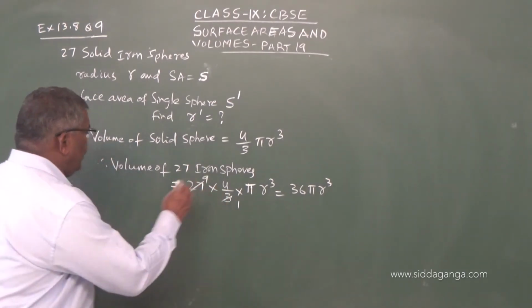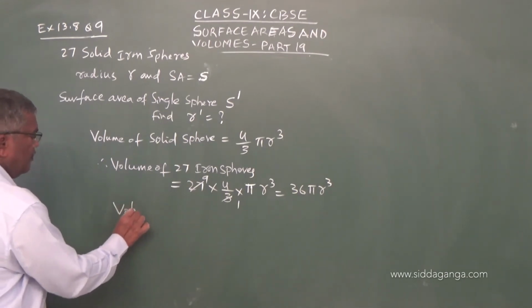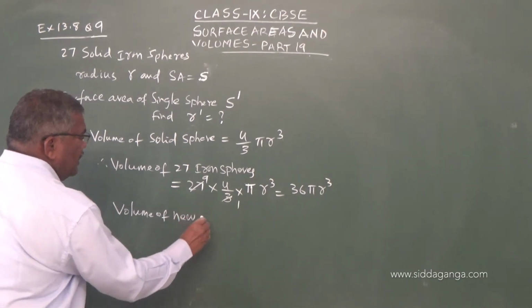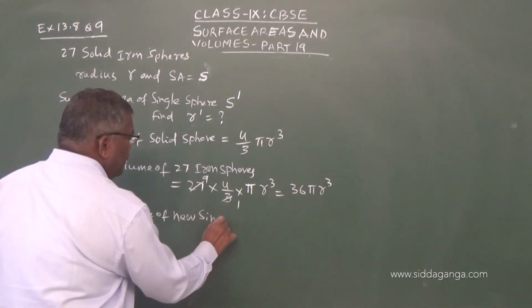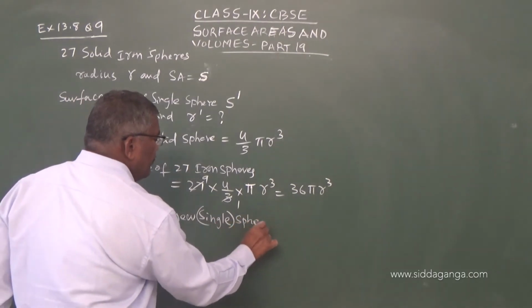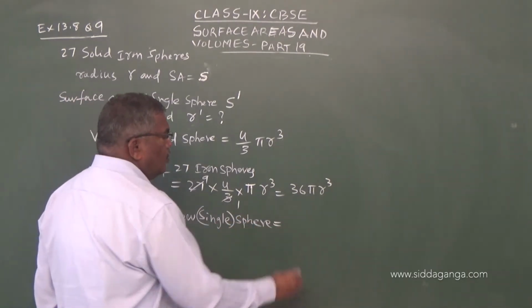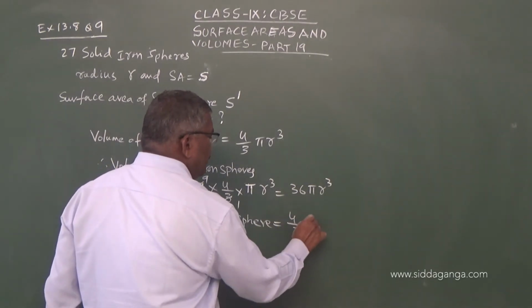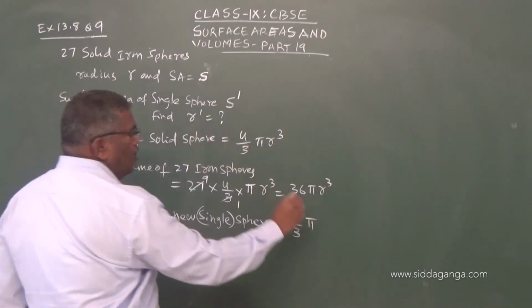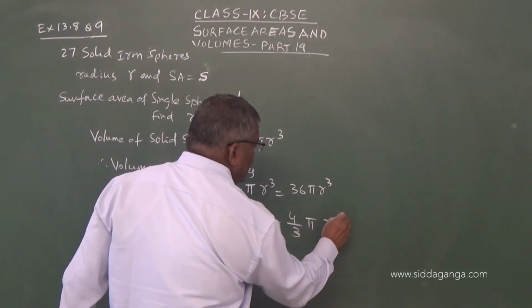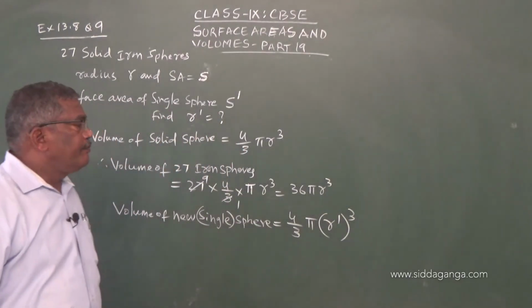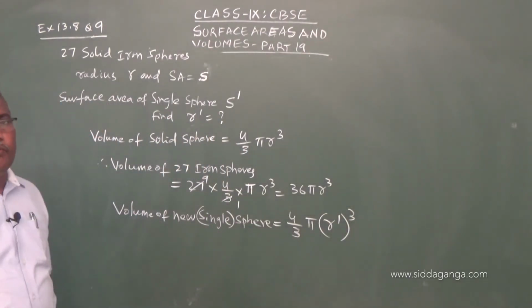Volume of new sphere. Volume of the new single sphere after melting is equal to 4/3 pi, its radius is R dash, so I will write R dash whole cube.